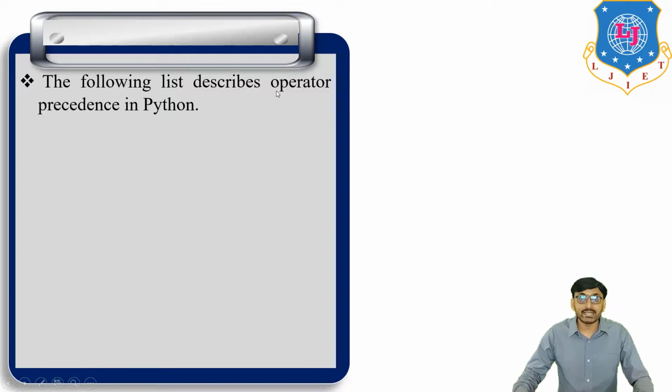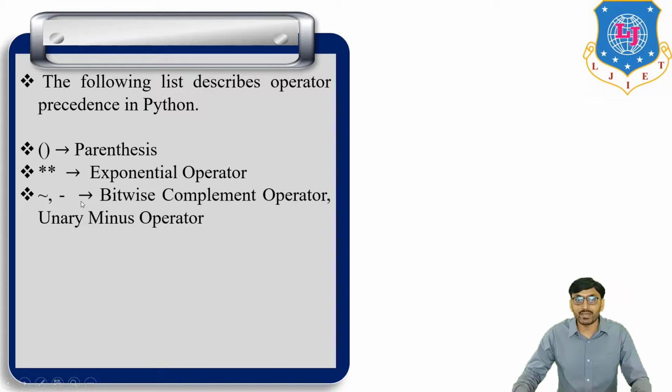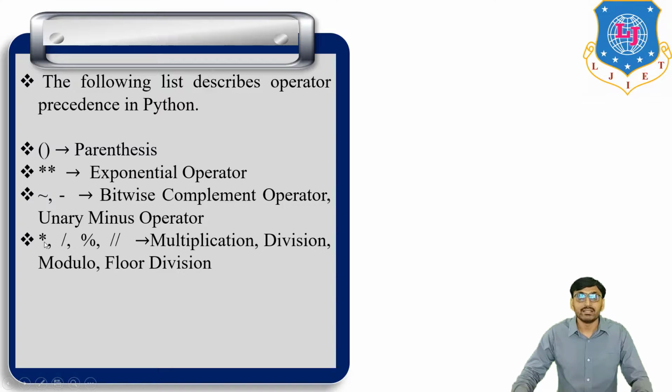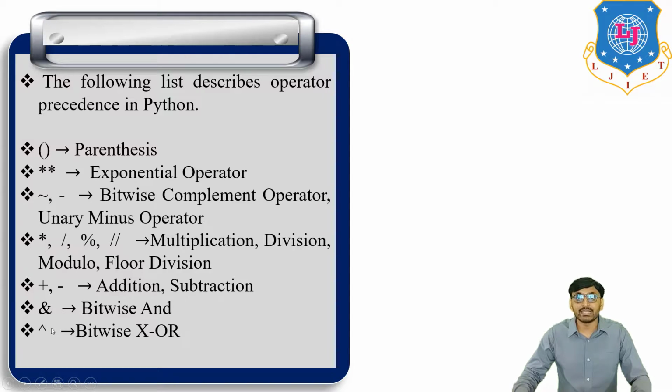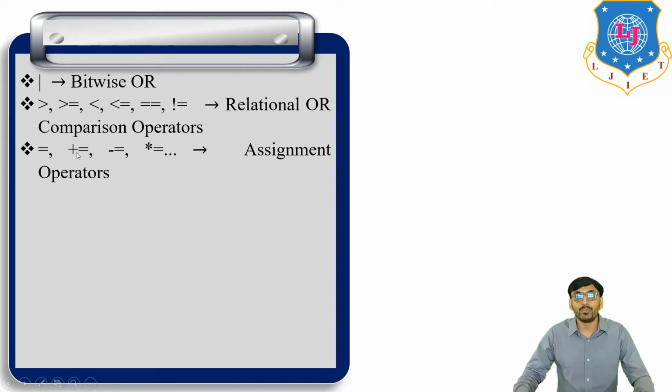The following list describes operator precedence in Python. Parentheses are evaluated first, then the exponential operator, then the bitwise complement operator, then multiplication, division, modulo division and floor division, then plus or minus, addition or subtraction, then bitwise AND, then bitwise XOR, then bitwise OR, then greater than, less than, equal to, not equal to, which are relational operators, then equal to, plus equal to, minus equal to, multiply equal to, which are assignment operators.